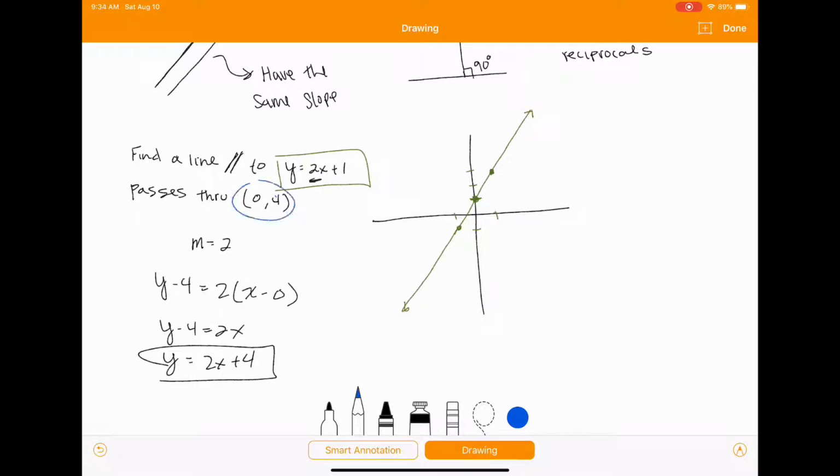this point here. So we're going to go ahead and graph this one in blue. So we've got a y-intercept of 4, 1, 2, 3, 4, and then a slope of 2.